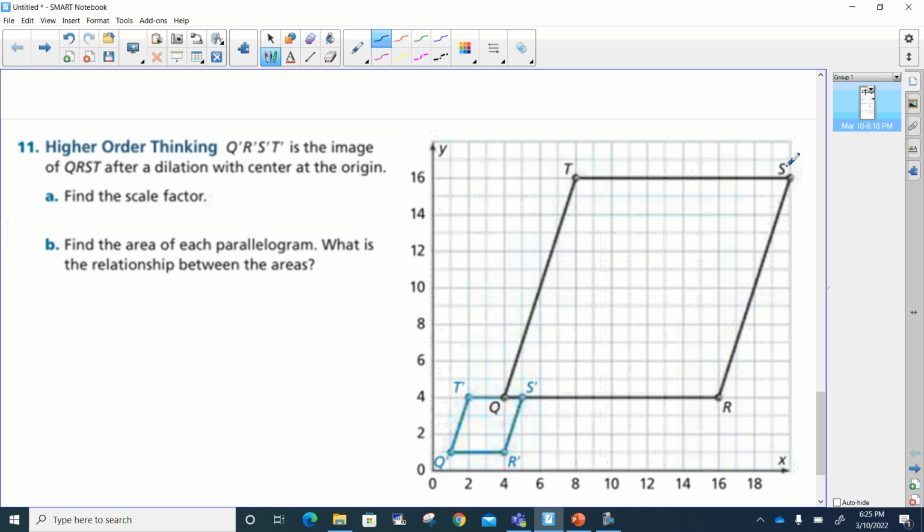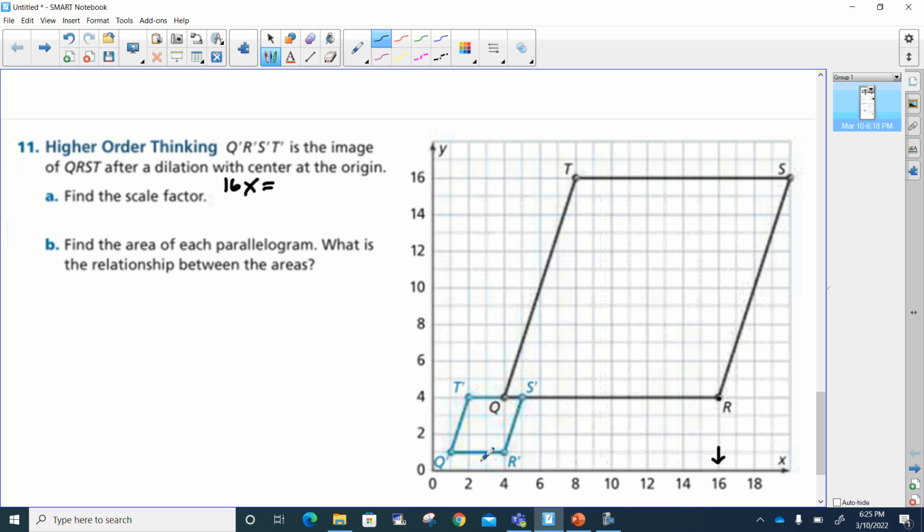Once again, the pre-image seems to be the bigger one, and the prime image seems to be the one that's smaller. So I'm going to take any one of these coordinates. Let's go ahead and go with R this time. And I'm going to go with the X this time, and R is 16. And I'm going to show whether I go with X or Y works, okay? So the scale factor, if I said R was 16, and since it's the pre-image, 16 times some scale factor is going to equal, well, r prime here would be 4, right?